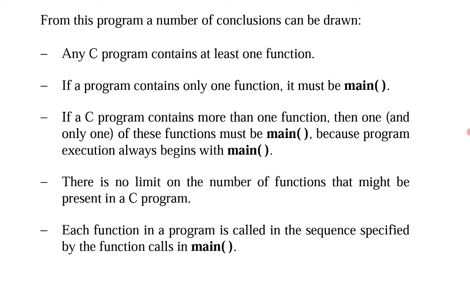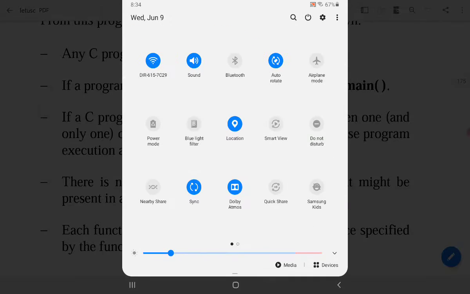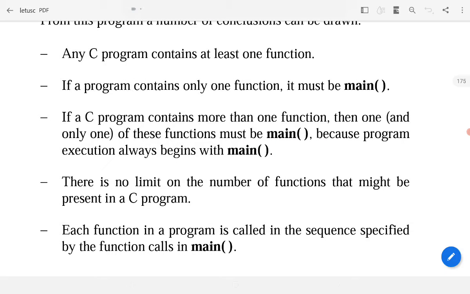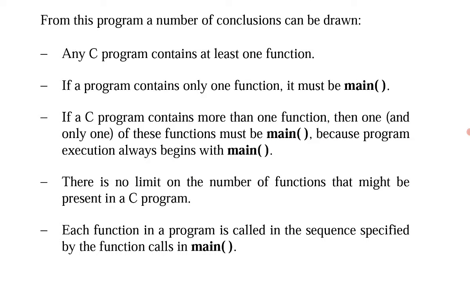Here are some points regarding the use of functions in C language. Any C program contains at least one function. All C programs have at least one function that is called main.